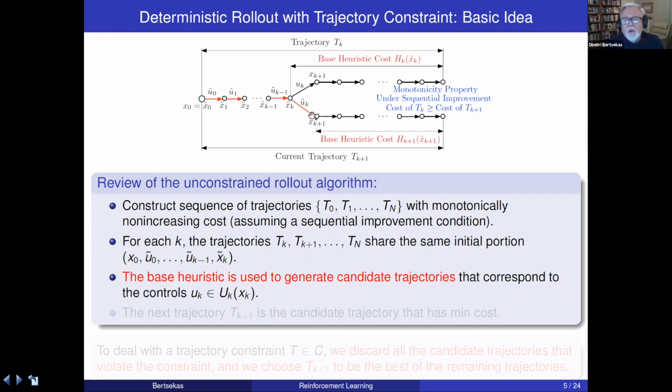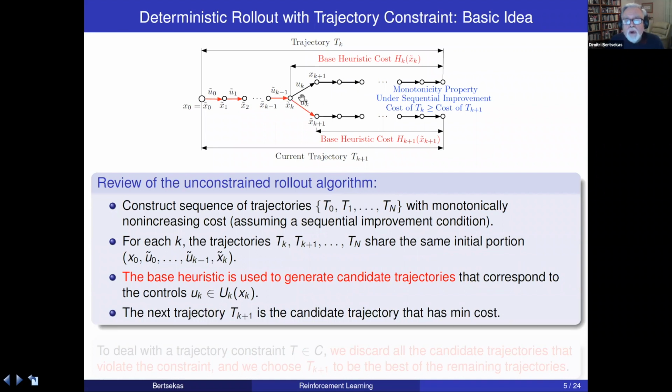And then we construct candidate trajectories that go up to xk the same way, and then we get a choice of uk, and then we run the base heuristic, and we find the candidate trajectory that has minimum cost, okay?